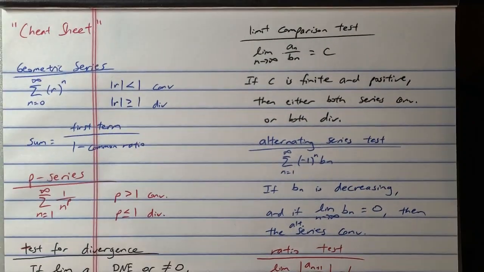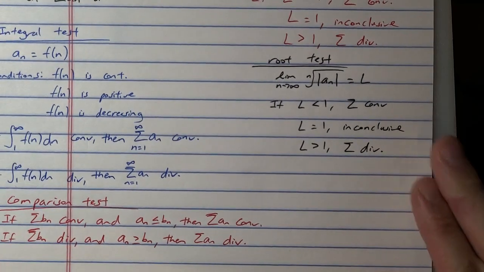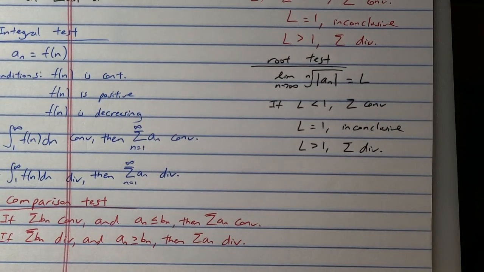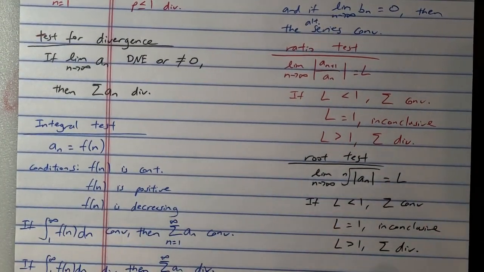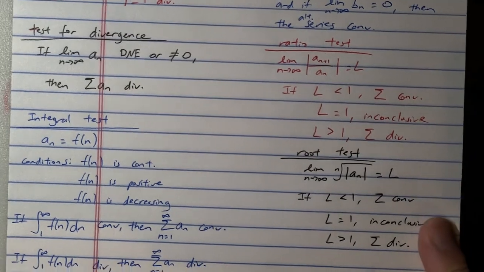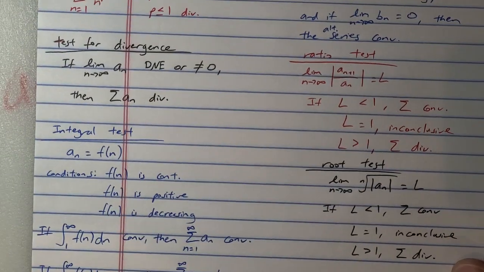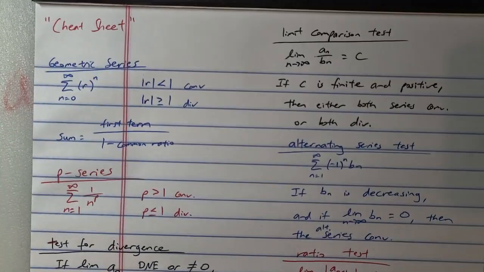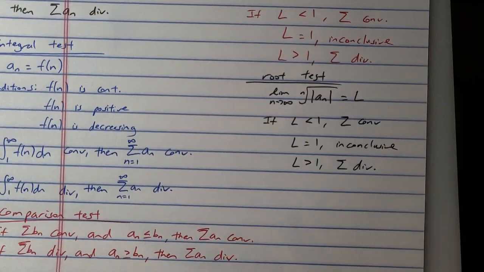So hopefully this cheat sheet will be useful to reference as you're practicing problems for testing infinite series for convergence. You can just look at one sheet instead of flipping through the textbook or your notes. It's a one-stop shop for all the tests. And hopefully the exercise of writing this cheat sheet was a good review or reinforcement of what you have learned in the course.